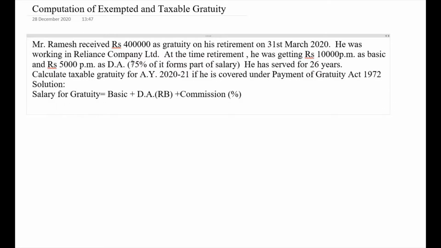Let us take the basic salary, given as rupees 10,000, plus DA, which is 75% of rupees 5,000. When you simplify, you get rupees 10,000 plus rupees 3,750. So the total salary will be 13,750.